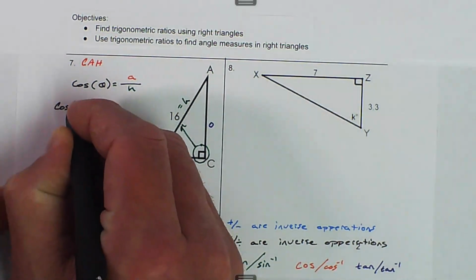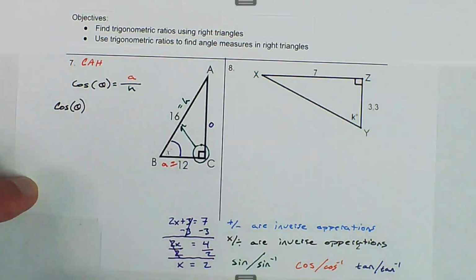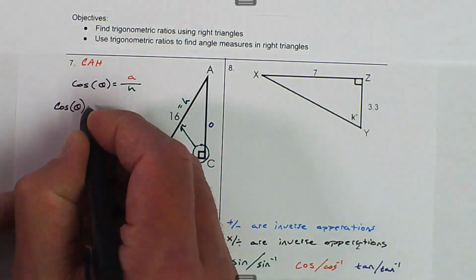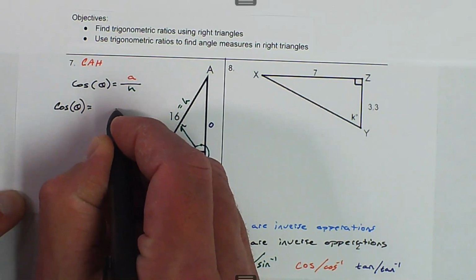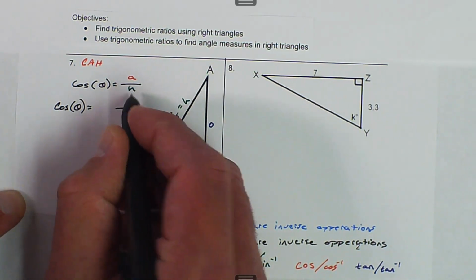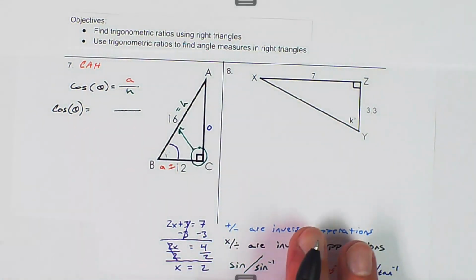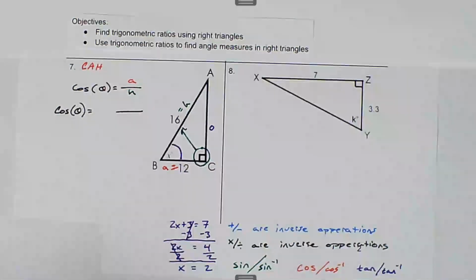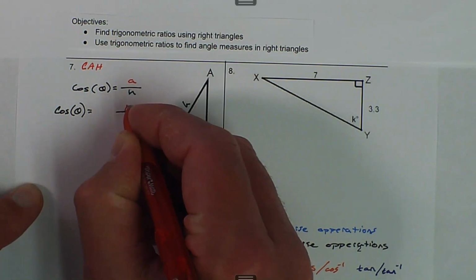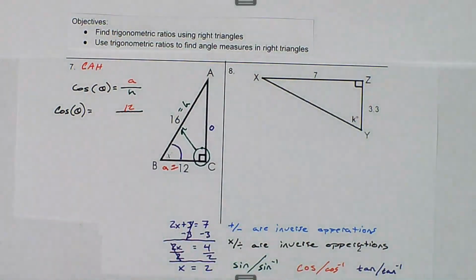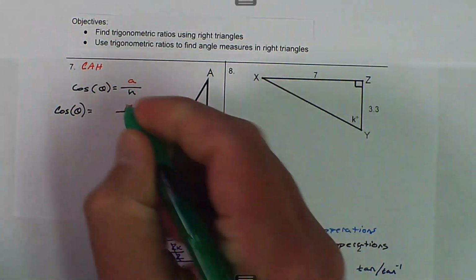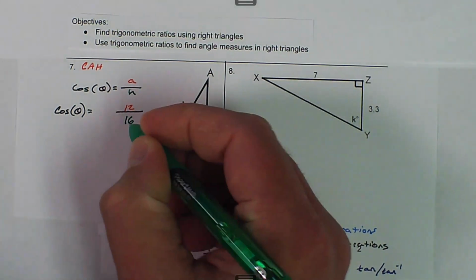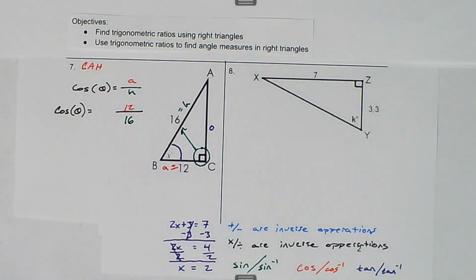We don't know the angle theta, so cosine of theta. And I'm going to leave a little bit of room here, specifically because of what we have to do in order to solve to get theta by itself. Our A value is 12, and our H value is 16. So now we have it all set up.